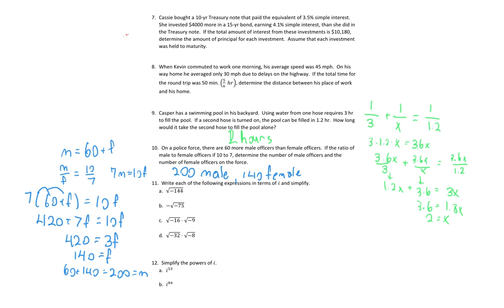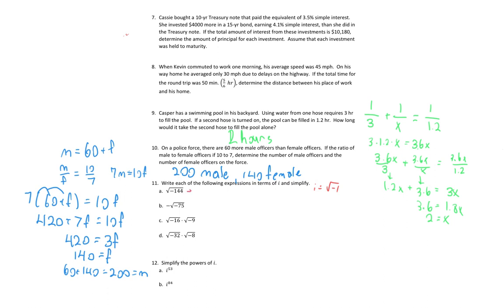Okay, looking at number 11. Write each of the following expressions in terms of i and simplify. Okay, so what is i? i is the square root of -1. So the idea is we're going to try to break these up just a little bit.